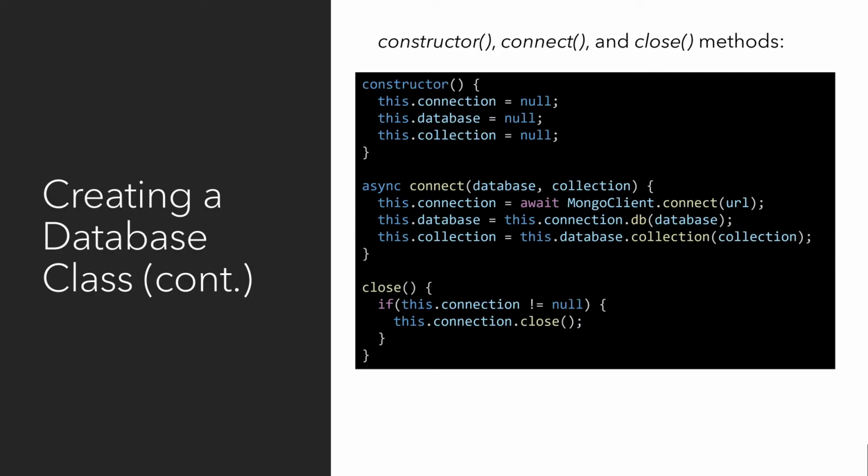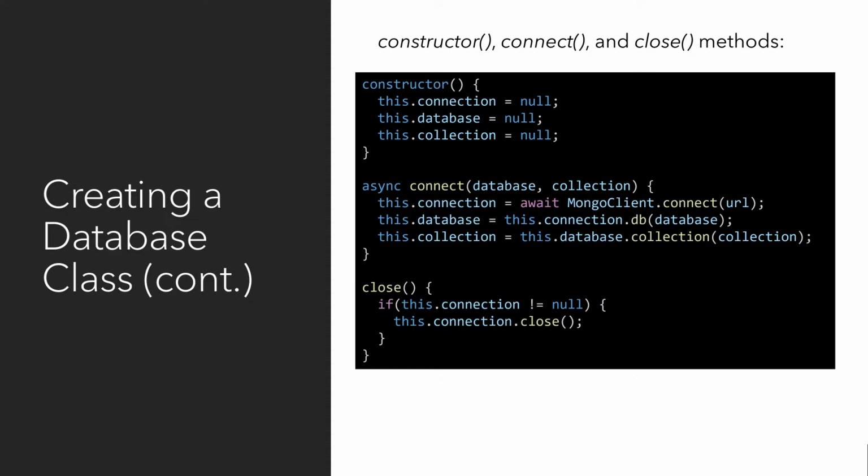The constructor, connect, and close methods of the database class now look like this. In the constructor, 3 properties are created: this.connection, this.database, and this.collection, all of which are set to a specific value, null. In the new adjusted connect, it has 2 parameters, database and collection.